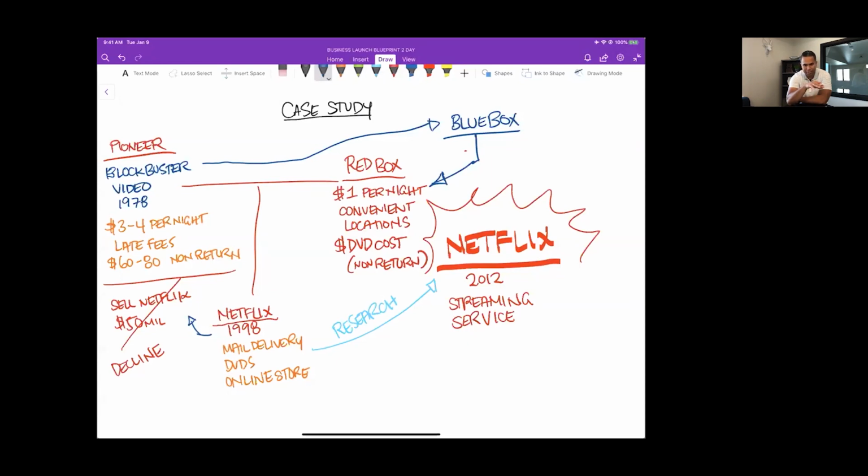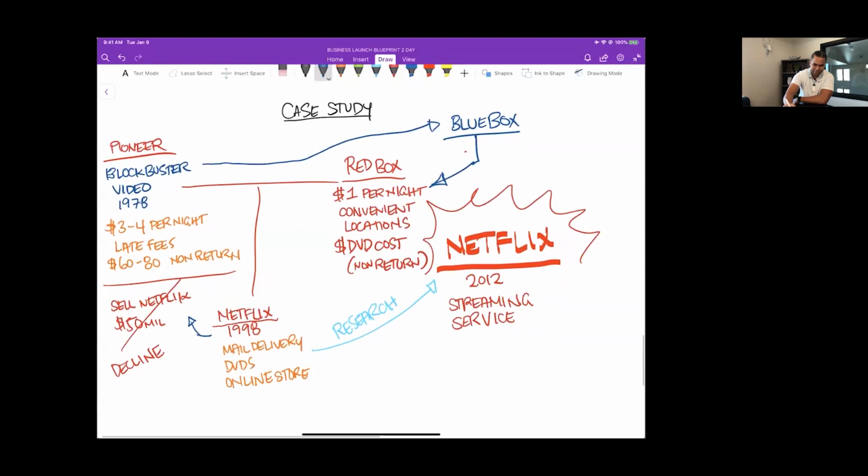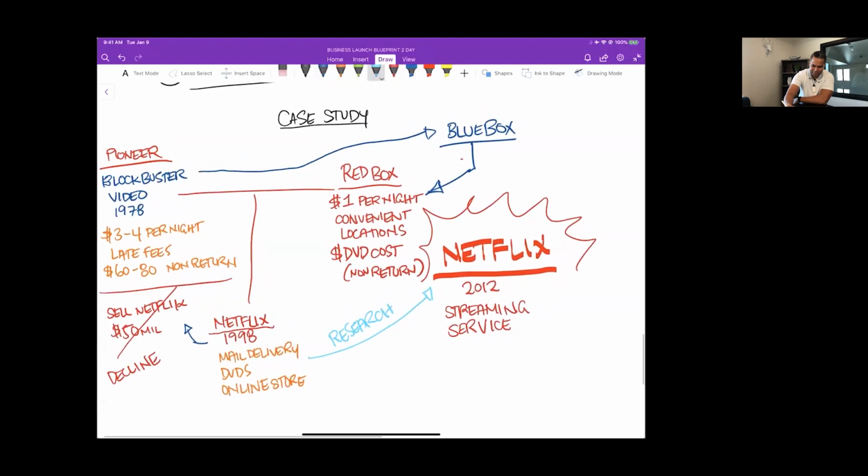And a lot of you guys listening probably are like, "Well, dang, I would never do that. We got streaming service right now." But if you pay attention to what's happening in the market, you have Disney, all of these guys are paying attention. You got CBS, you got Comcast, they're doing their own.